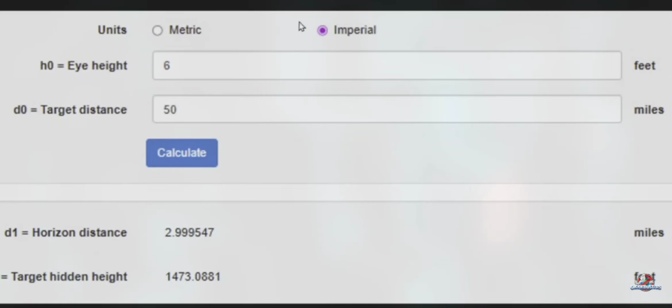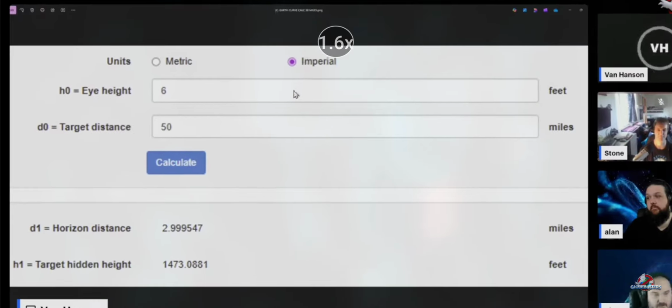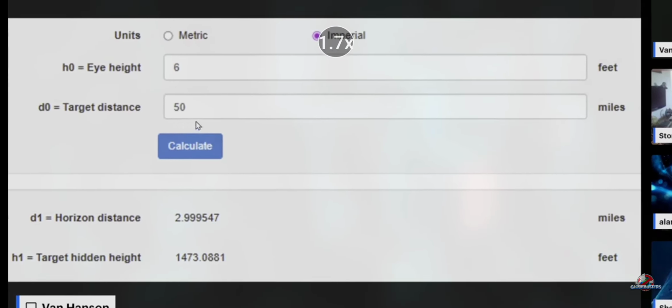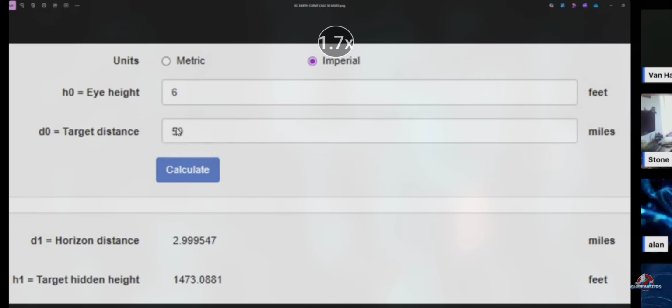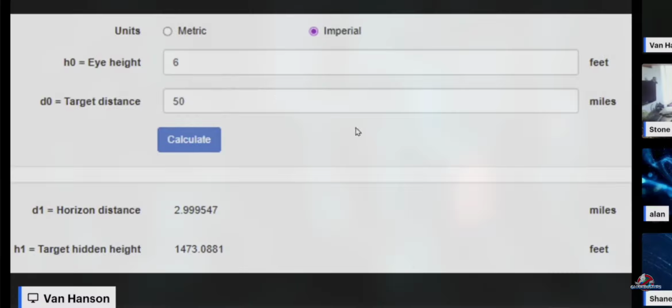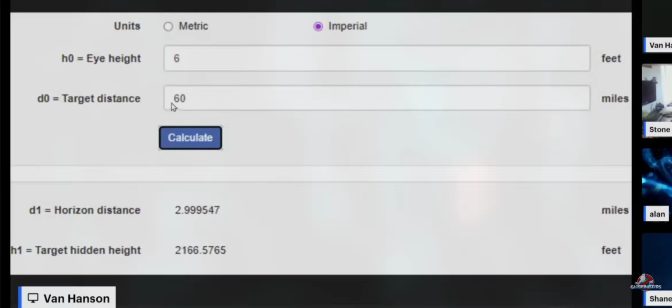And so you can look up Earth curve calculators, and again, we're just breezing over the basics here. If you plug in, this is just to confirm that over 50 miles, for a 6-foot observer looking out at the horizon, there should be over 1,400 feet of curvature. And the same thing with 60 miles, there's over 2,000 feet of curvature.